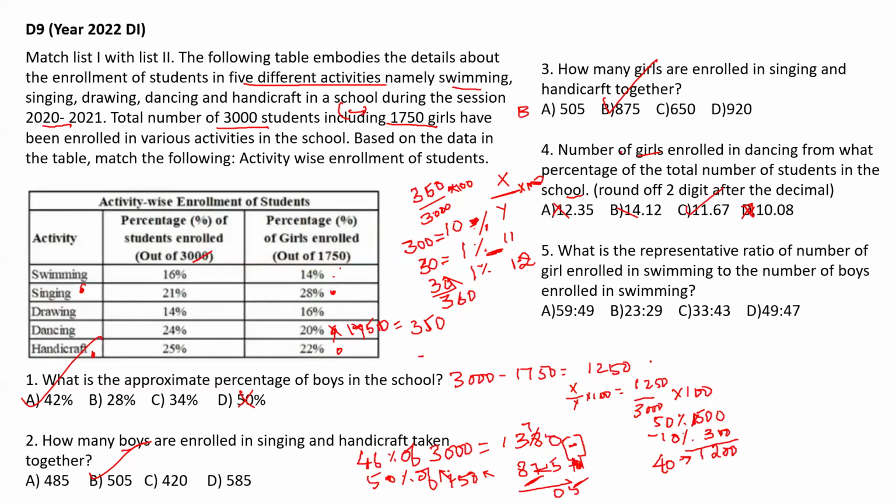So into 14 percentage means, if you calculate, it comes around 214. Sorry, 245.